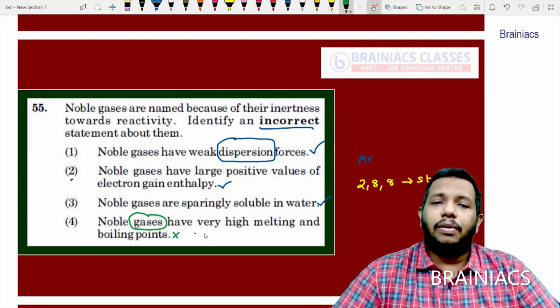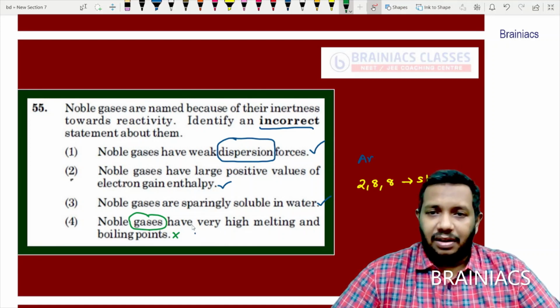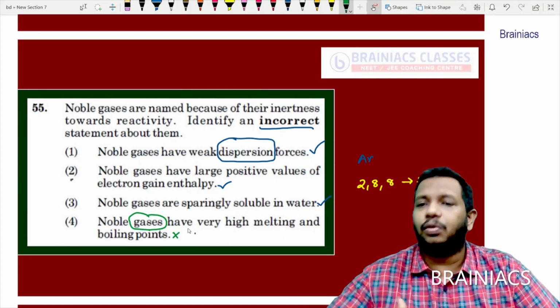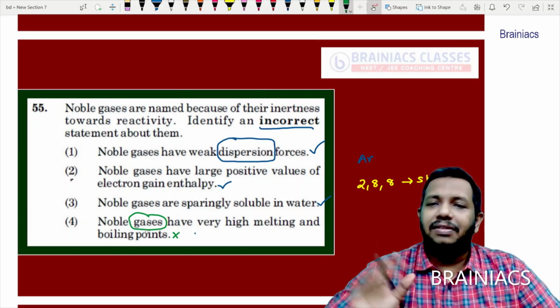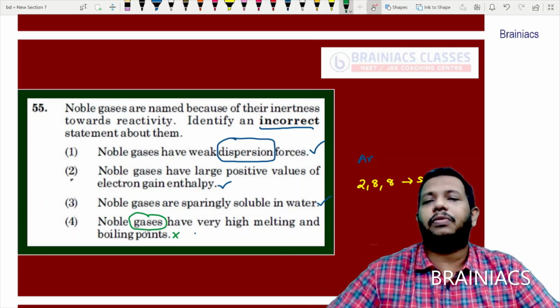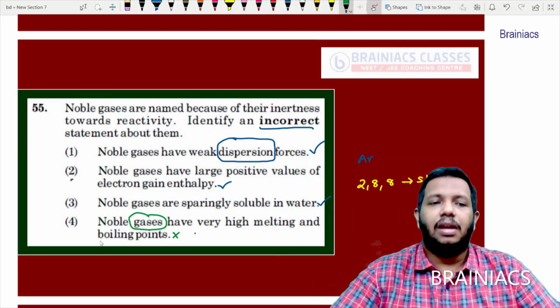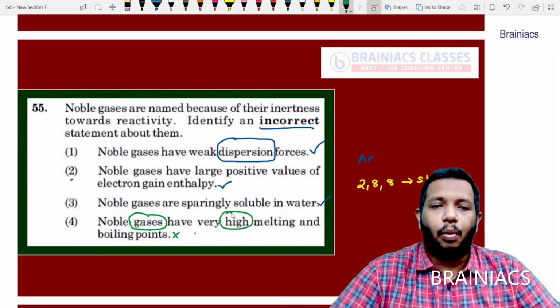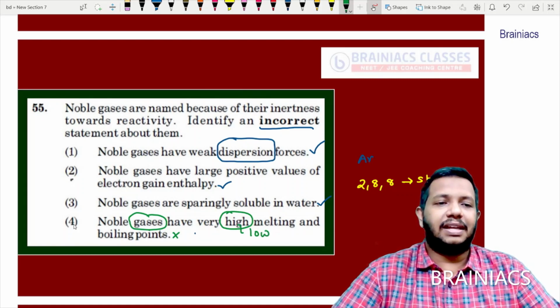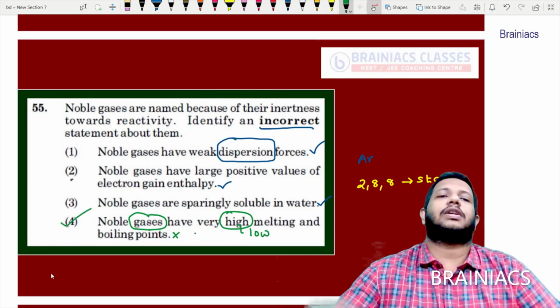Since they don't have any interaction or association between other noble gases, they will stay isolated. So if you give a small amount of heat, it will go into the vapor state. So saying very high is wrong. It has basically very low melting point and boiling point. So this is the incorrect statement, and my answer is option 4.